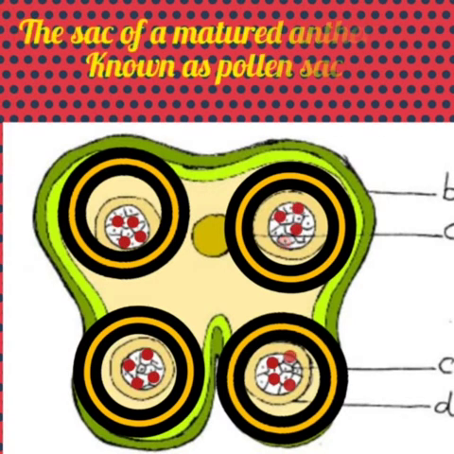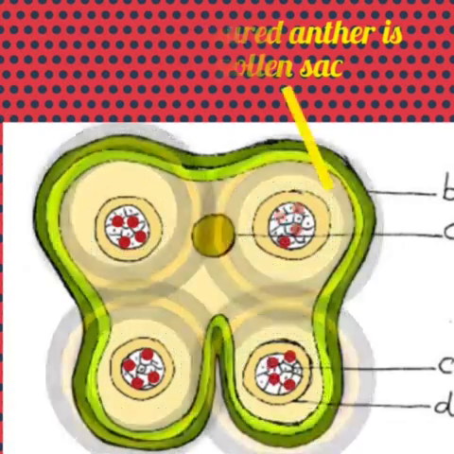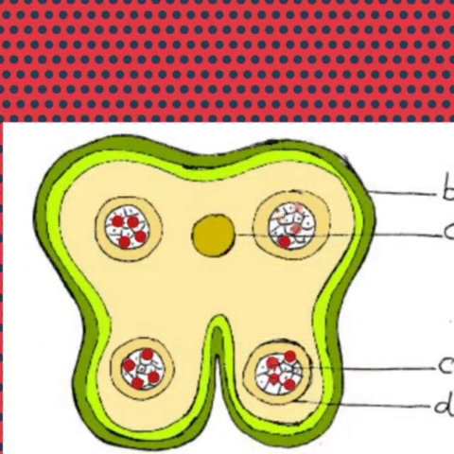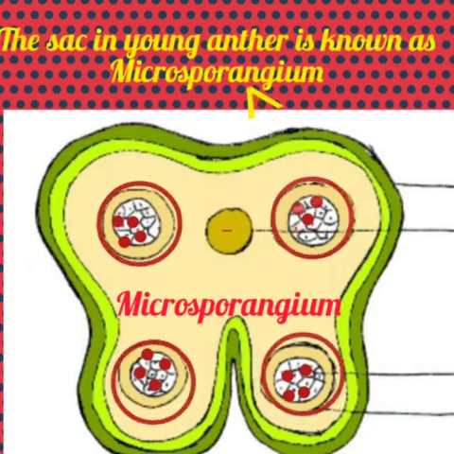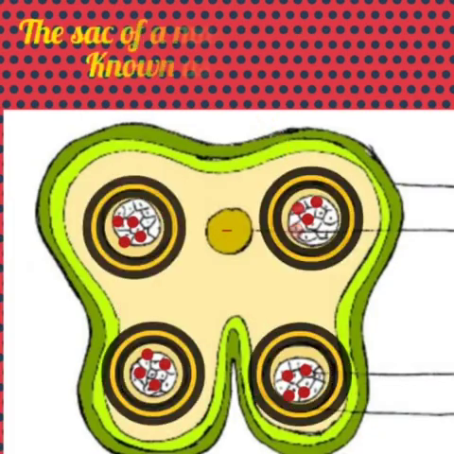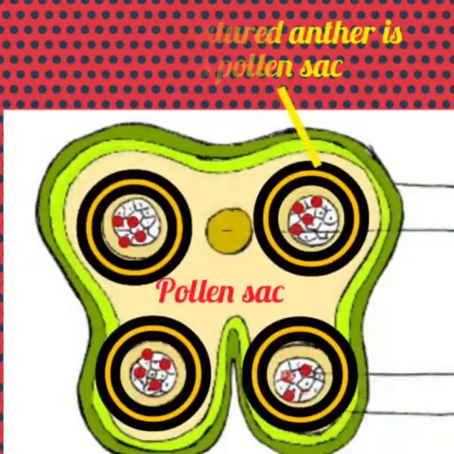And after the anther matures, we start calling the sac a pollen sac. So students, when the anther is young, the sac is known as microsporangium. But when the anther matures, the sac is known as pollen sac.